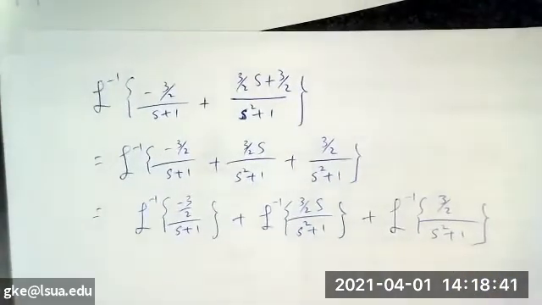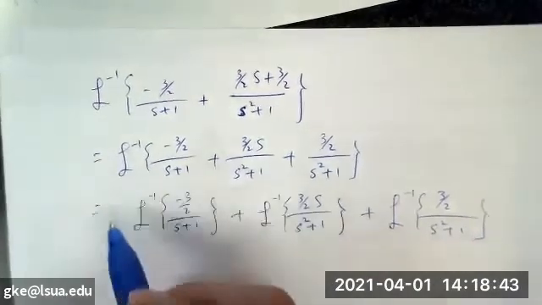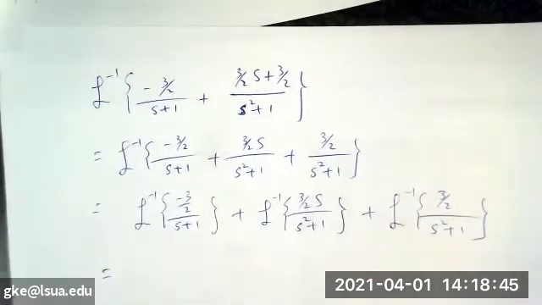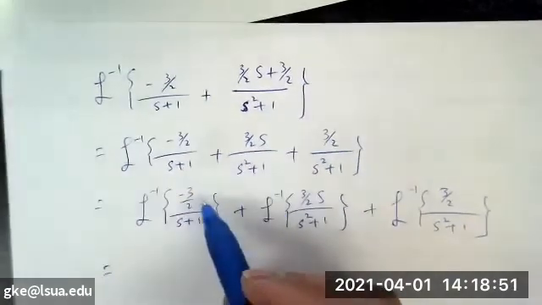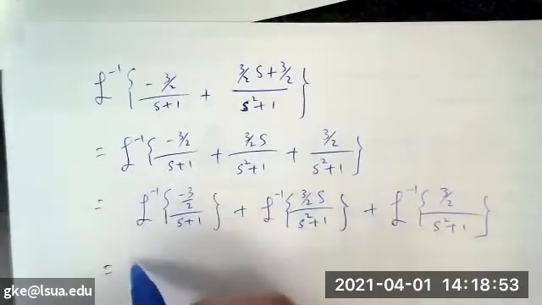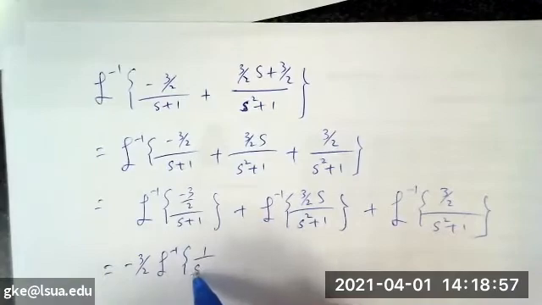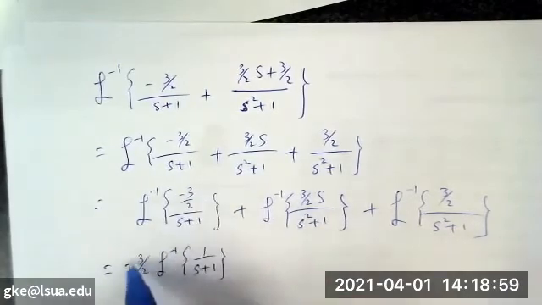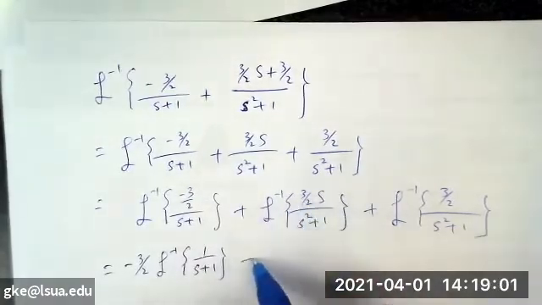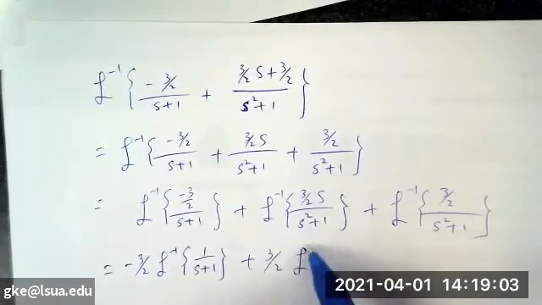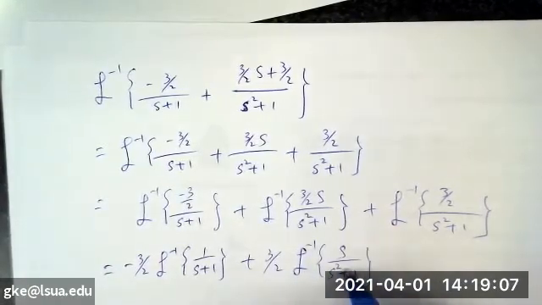Okay, and of course we can check our formula. From the formula, we now got 1 over s plus 1. So we can just put our constant outside, because the formula tells us we only keep the s in the numerator.